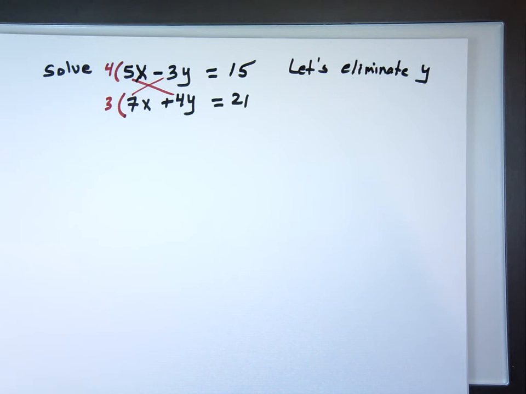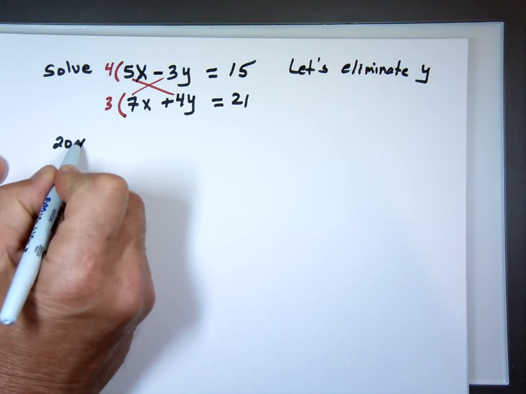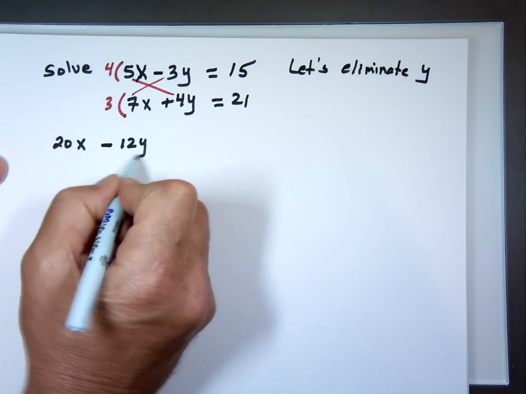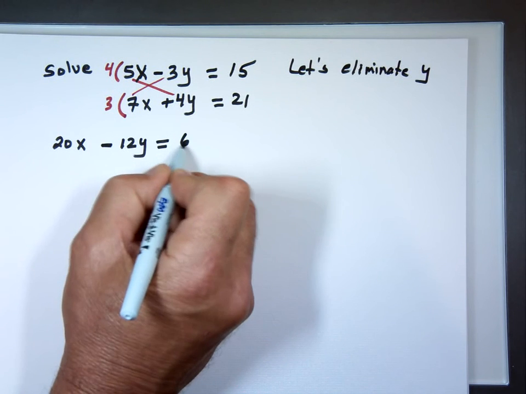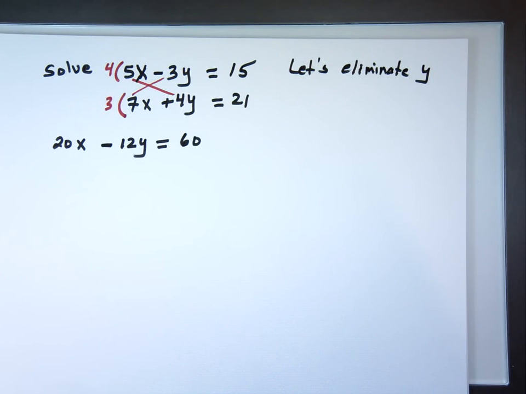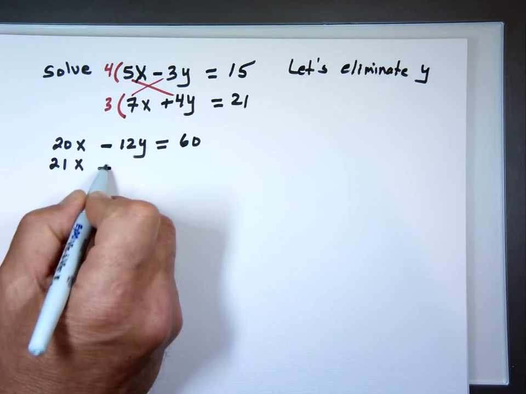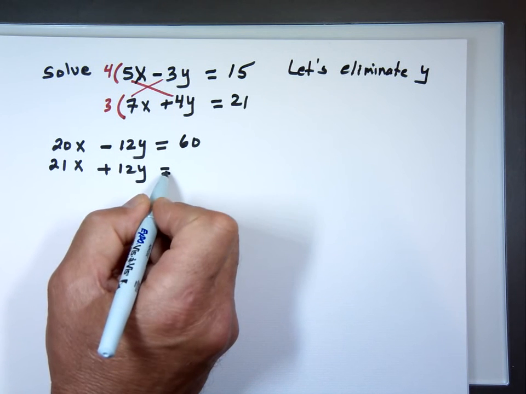Flip-flop the numbers. What's 4 times 5? 20x minus 12y. 4 times 15, which is what, 60? 21x plus 12y equals 63.